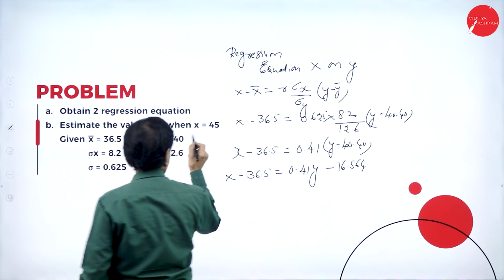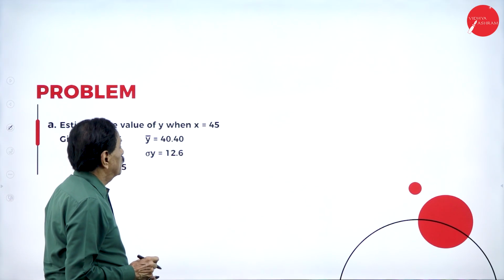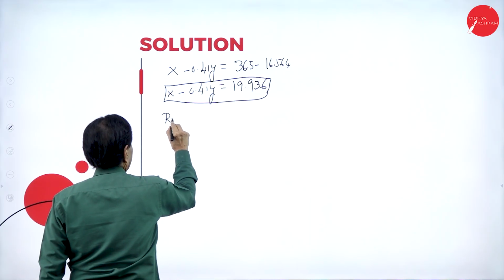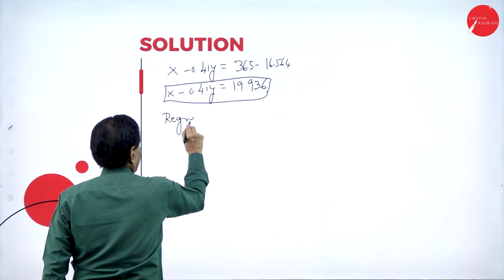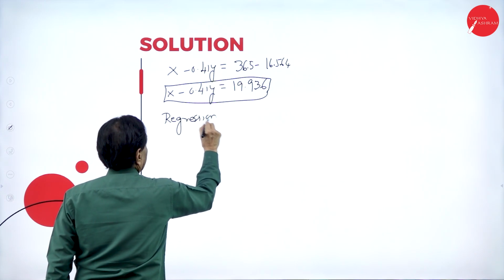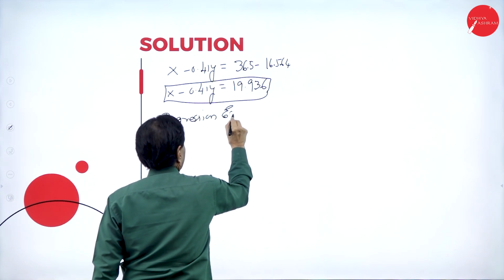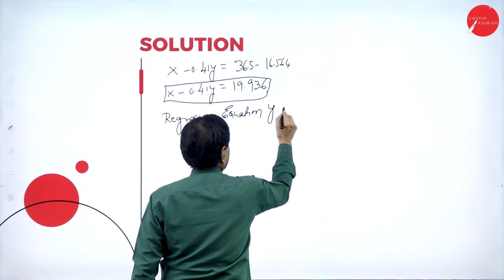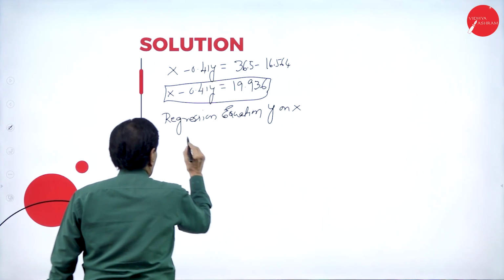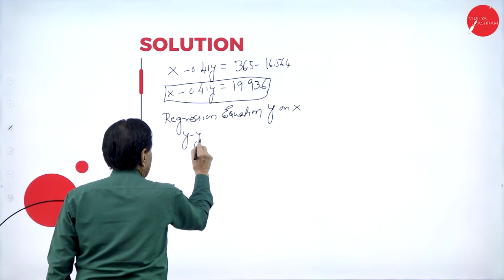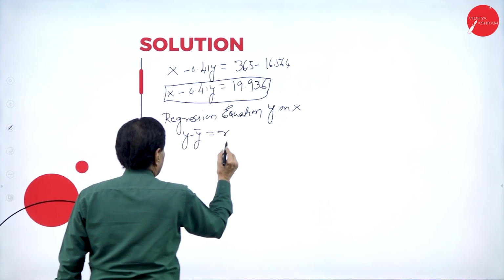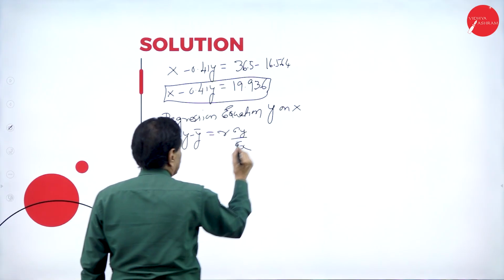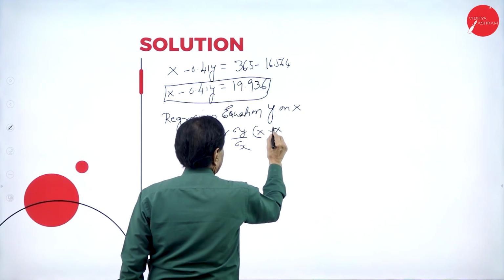Find the value of y when x is 45. So go with the next one. Regression equation y on x: y minus y mean equals r into standard deviation y divided by standard deviation x into x minus x mean.